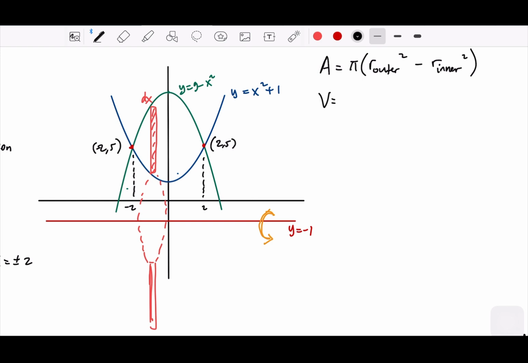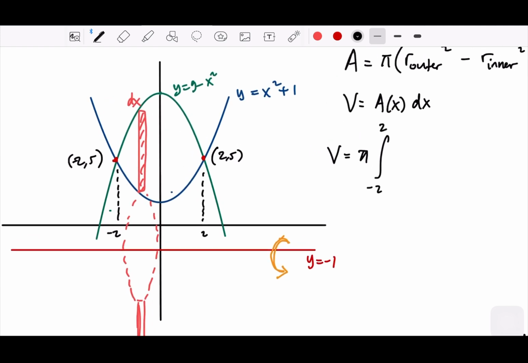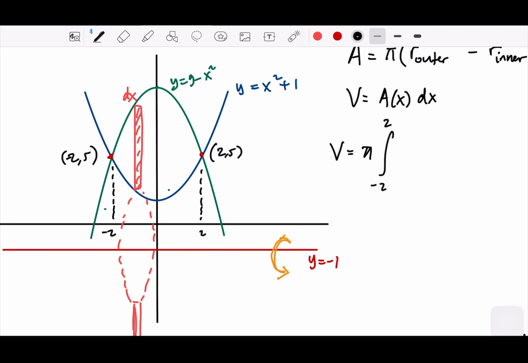Okay, and then the volume is the area times dx, like that. And we could directly write pi, integral from negative 2 to 2, and then the outer one is 9 minus x squared, right?